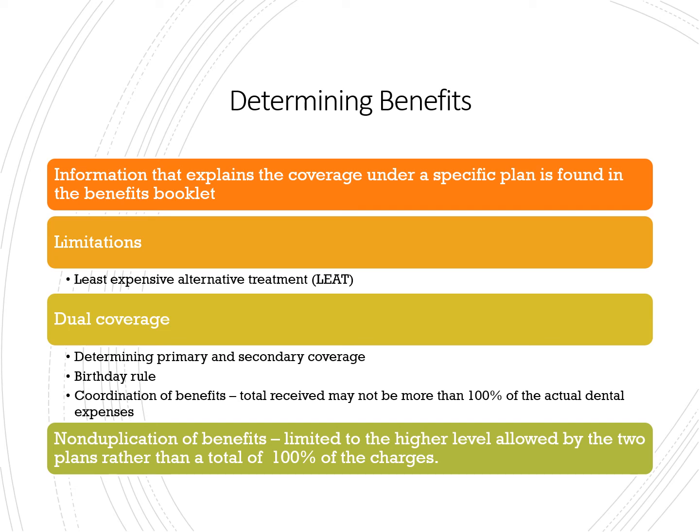There's also coordination of benefits that you have to consider, and this says that the total received may not be more than 100% of the actual dental expense. And then another thing is non-duplication of benefits. This is limited to the higher level allowed by the two plans rather than a total of 100% of the charges.